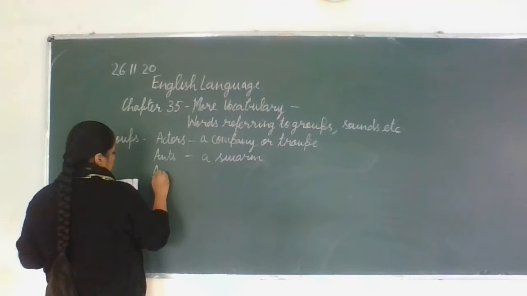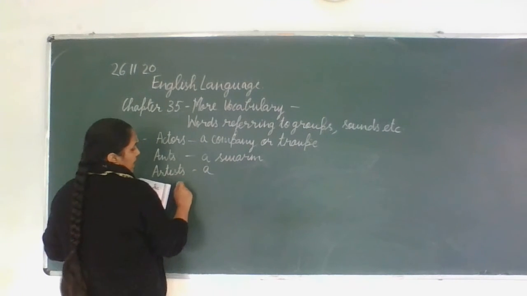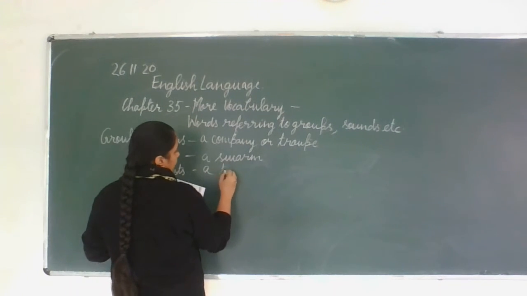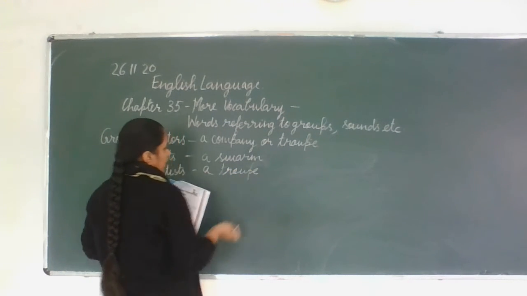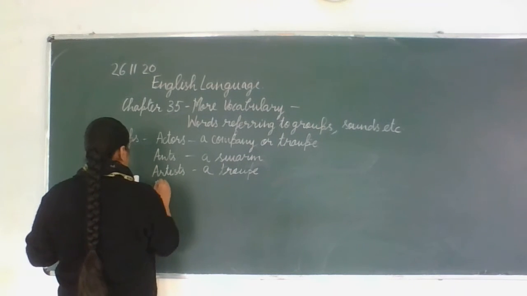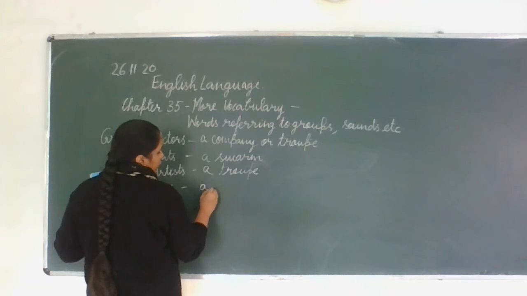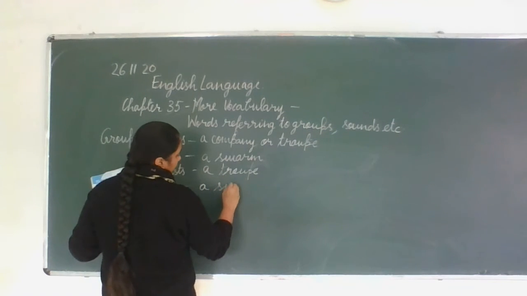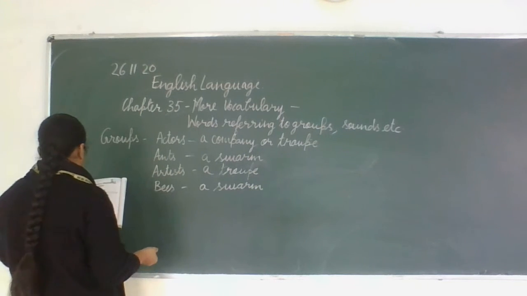Next, artists. The group of artists is known as troupe. The next, bees. Again, a group of bees is also known as swarm.